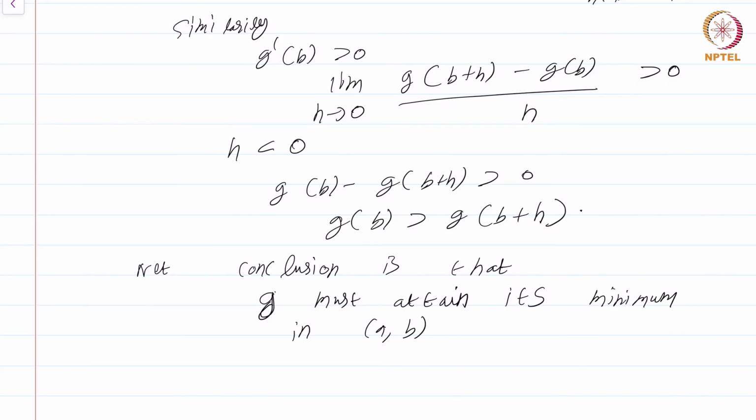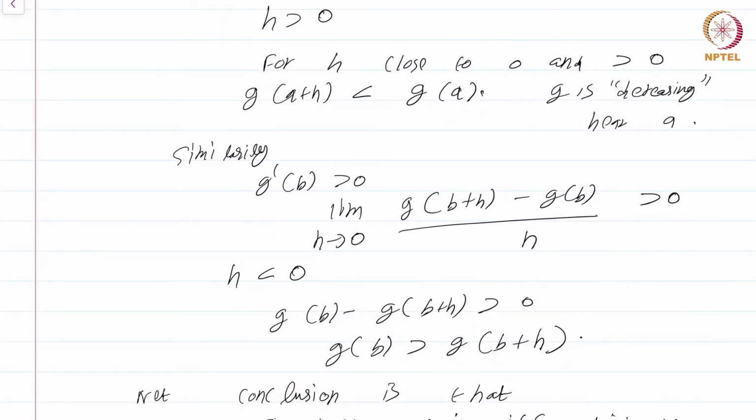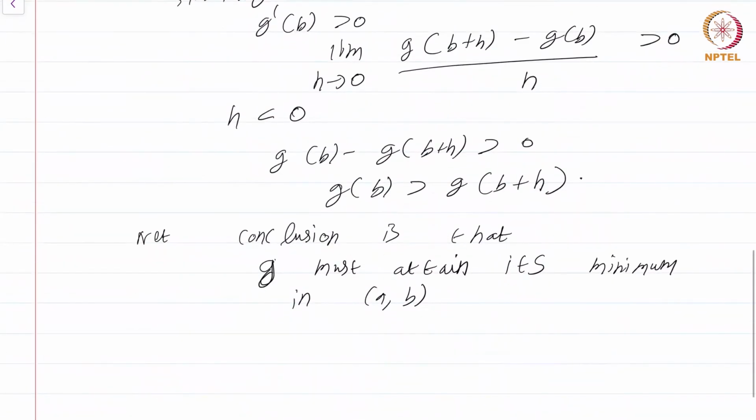It must attain its minimum in the open interval (a,b). Why is that? Well, because we have found that near the point a, there is a point a plus h such that g of a plus h is less than g of a, and near the point b, we have found a point such that g of b is greater than g of b plus h. So both put together says that neither g of a nor g of b can be the minimum of the function g. So g must attain its minimum in (a,b).